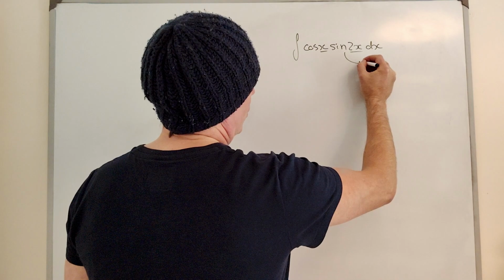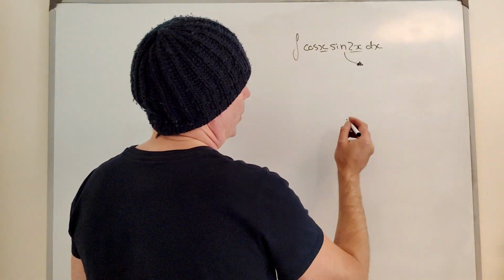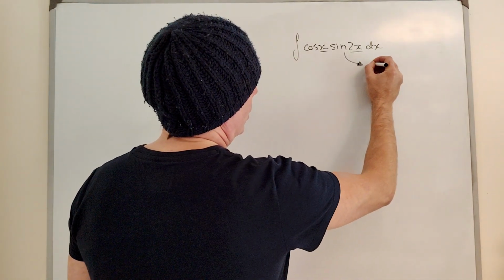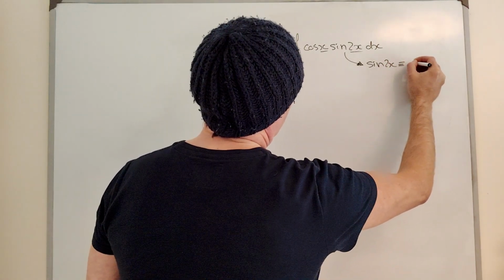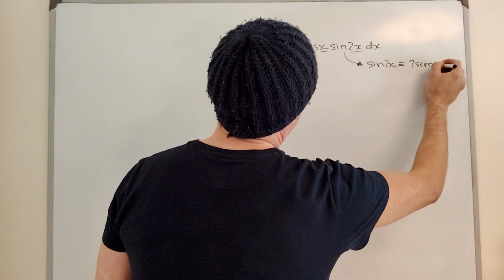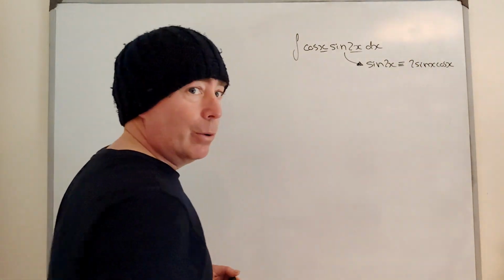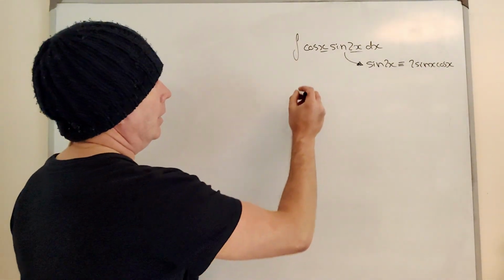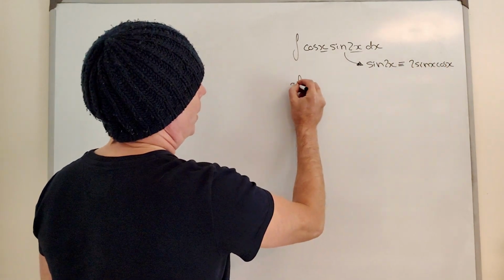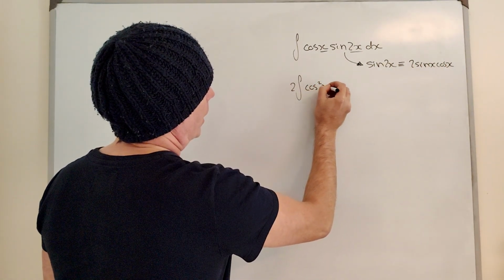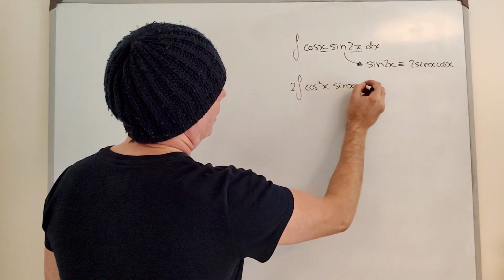So what I'm going to do instead is change sin 2x to the identity 2 sin x cos x from our double angle formulae, and the integral then becomes cos x times cos x, 2 outside, giving 2 cos squared x sin x dx.